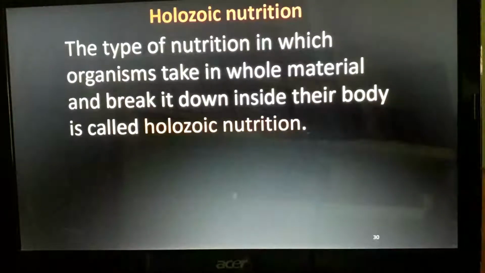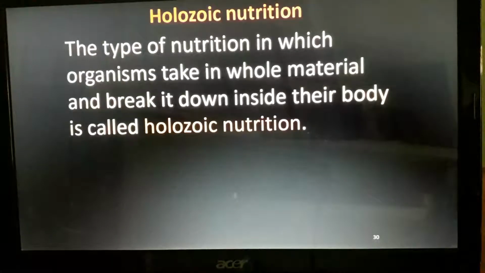The type of nutrition in which organisms take in whole material and break it down inside their own body is called holozoic nutrition. The human body is holozoic. Examples: human being, animals like cat, dog, cow, elephant, tiger, lion, all. Most of the multicellular big organisms, including the primates, mammals and all, come under this holozoic nutrition. Okay.